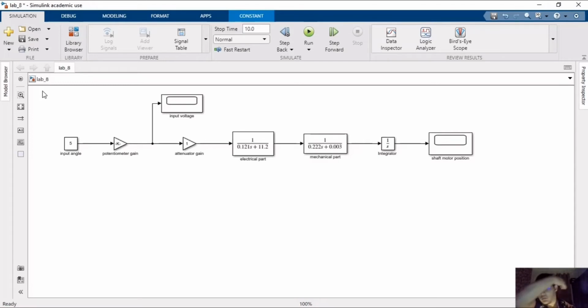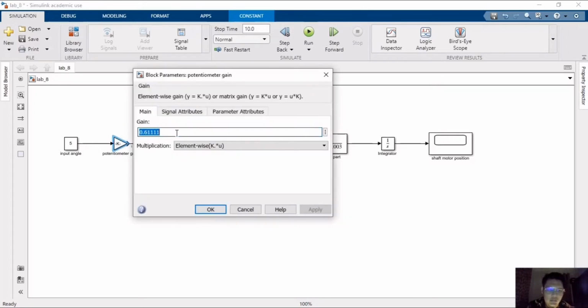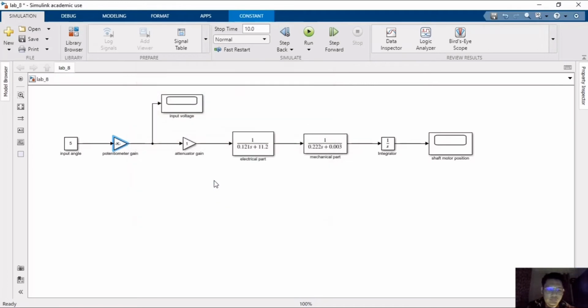First of all, here this is the input angle, which I already set to 5, the potentiometer gain I set to 0.61111, and for the attenuator gain I set it to 1.